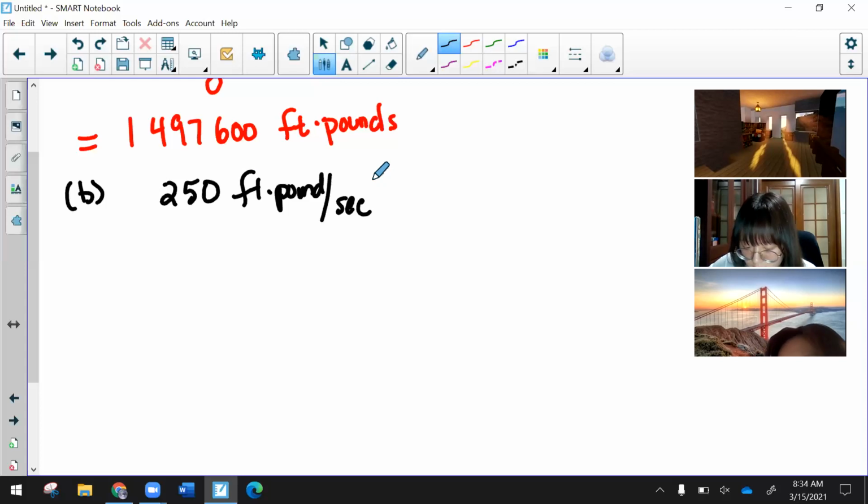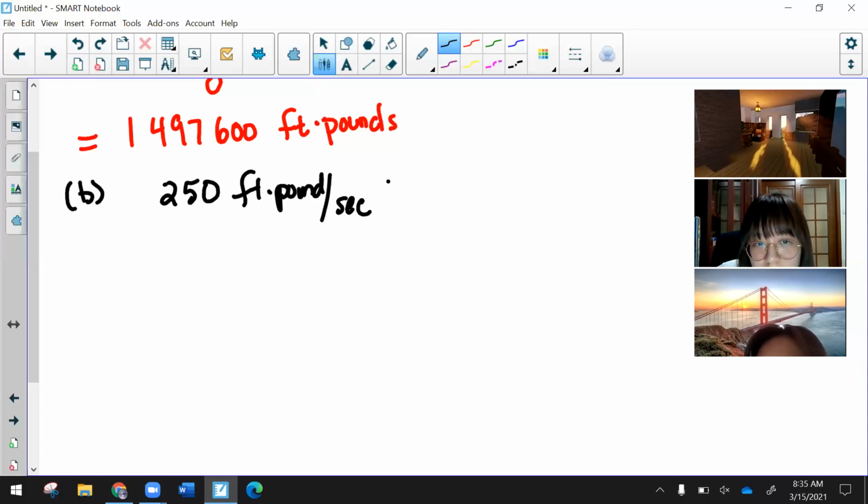And what's the unit we usually use for power? Watt. Okay, what comes in watts? Where do you see watts in your life? Katie? Light bulbs. Okay, so usually you have like a 60-watt light bulb. Or now if you have energy efficient light bulbs, they're like 42-watt light bulbs. And that means that they give off 42 joules of energy every second. Okay, so this motor is going to produce 250 foot-pounds of energy every second.